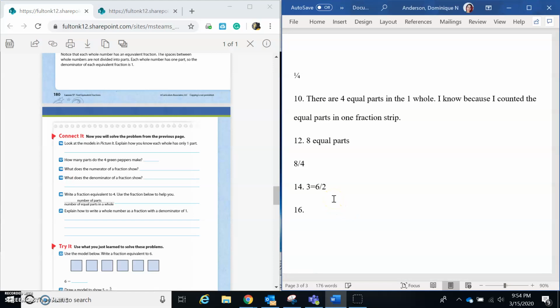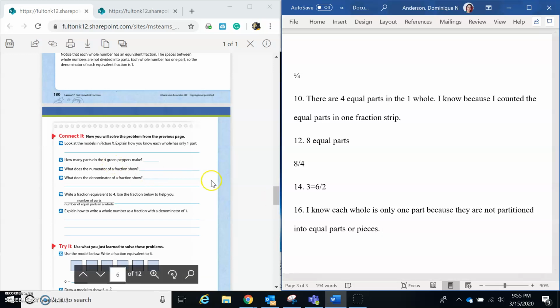So for 16, I'm going to say, I know each whole is only one part because they are not partitioned into equal parts or pieces.